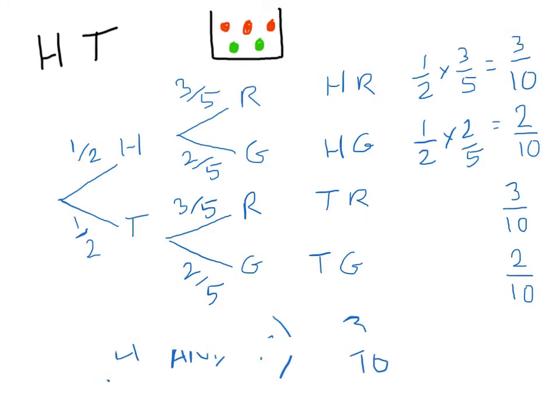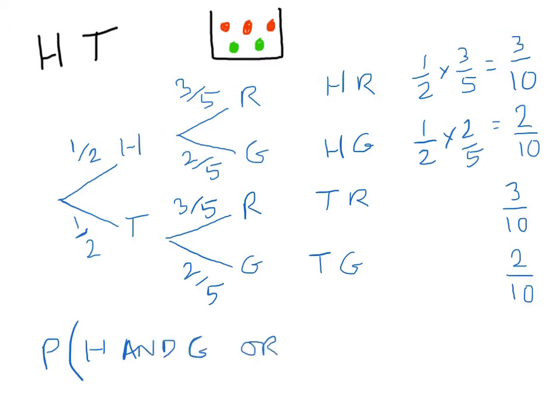Now we can also look at something a little bit more complex. So the probability of picking out a head and green or a tail and green.